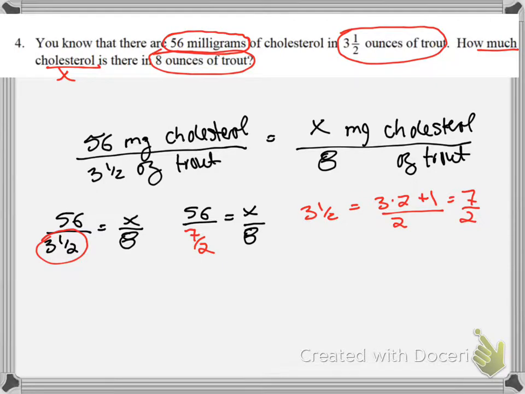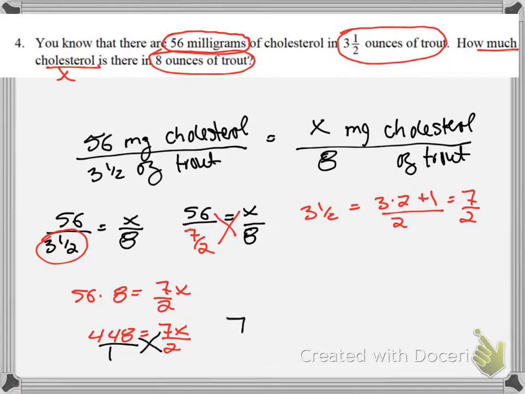Okay, so now I can cross multiply. So I have 56 times 8 is equal to 7/2 x. So what is 56 times 8? So that gives us 448 is equal to 7x over 2. Okay, so this almost looks like another proportion if you put 448 over 1.